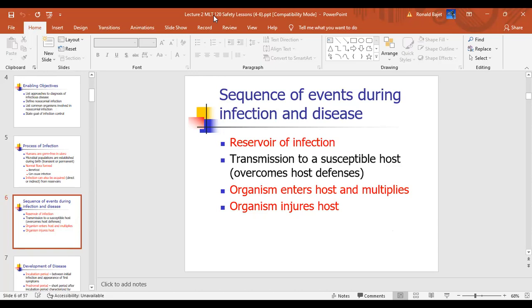The organism I'm talking about is Pasteurella multocida. You'll memorize this. You'll take it to the board exam. Pasteurella multocida is the organism that causes cat scratch fever. The organism enters the host and multiplies because it likes its new environment, and the organism injures the host, because the host got sick.